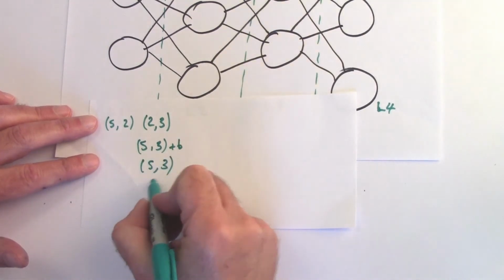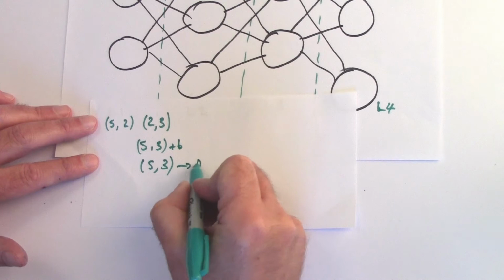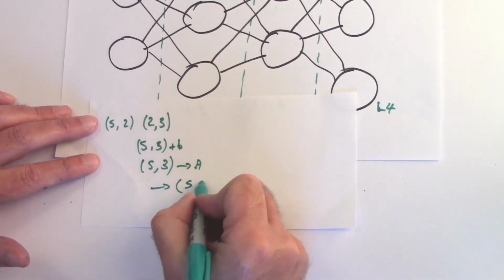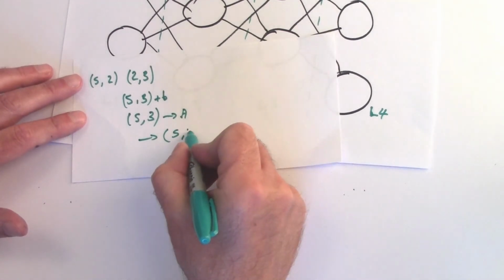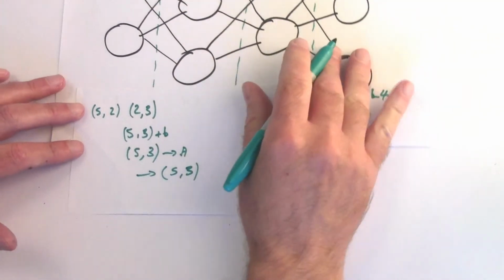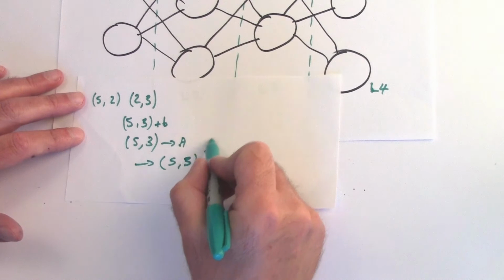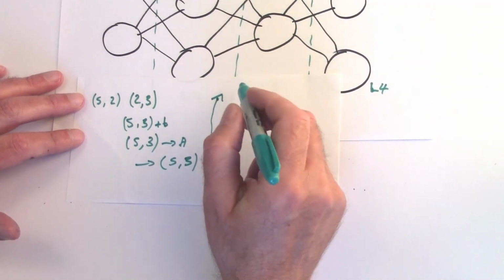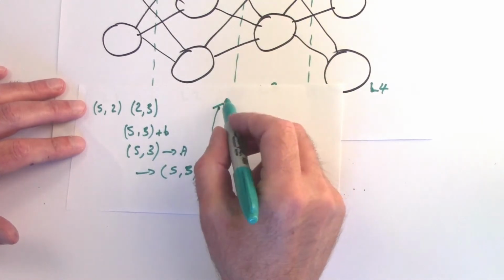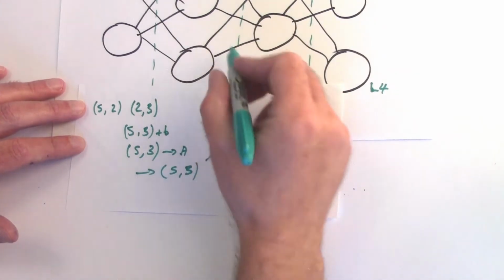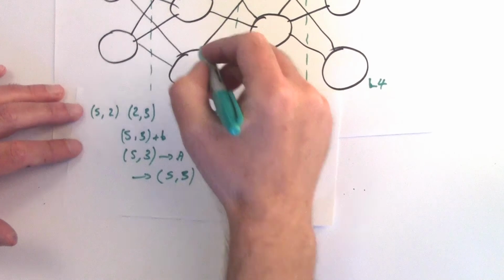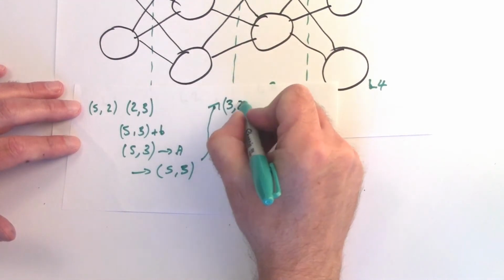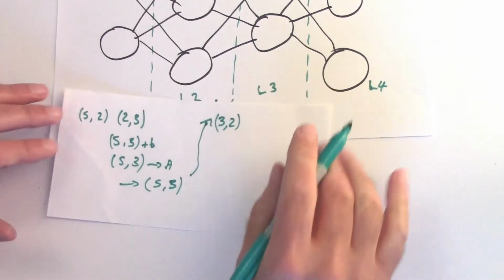That will then go through the activation function and produce another S by 3 matrix, and that will then be the next matrix to come up and feed into the next level, where it will then multiply by, this time, a matrix of 3 rows by 2 columns, and so it will progress.